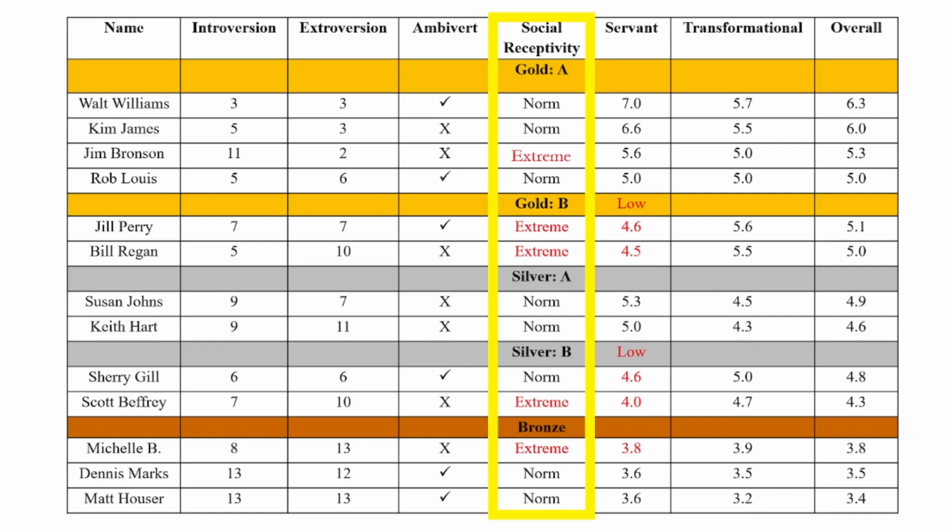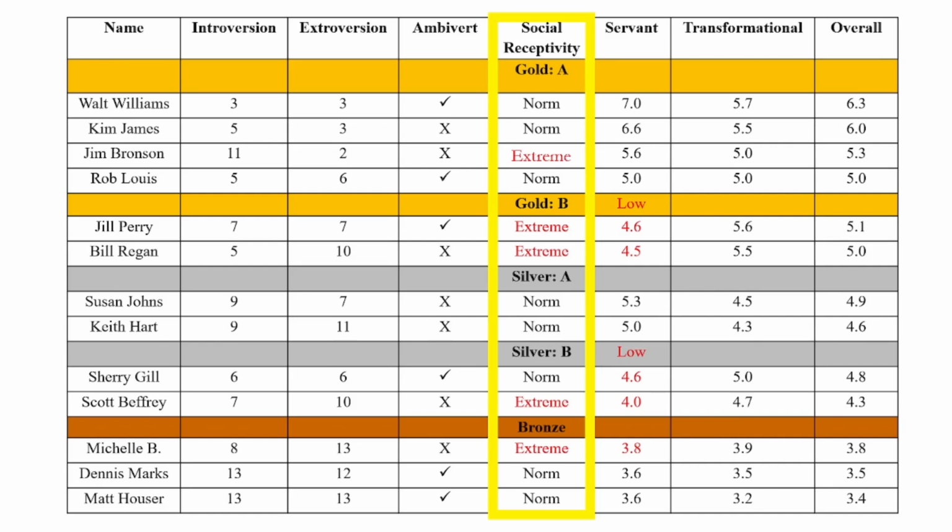They fall into the silver standard because their overall score was less than a 5.0. But what gets really fascinating for Susan Johns and Keith Hart is that their servant leadership scores were higher than their overall scores, and their social receptivities were normal. These are two people who, just because their scores are what they are, fell in the silver standard.